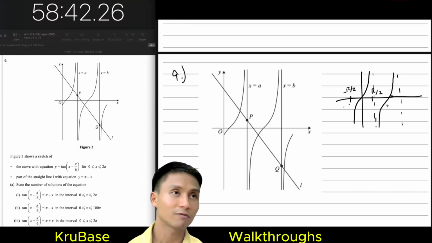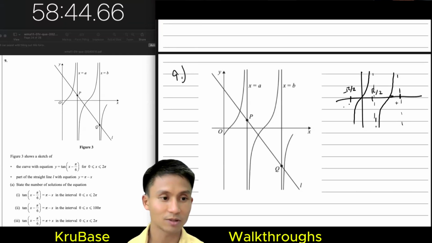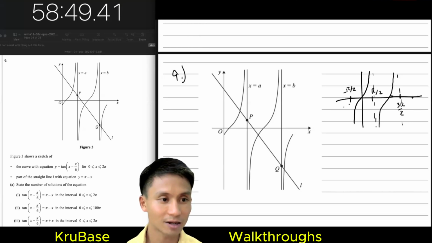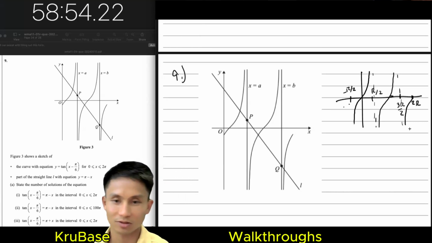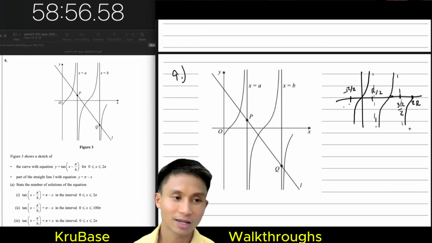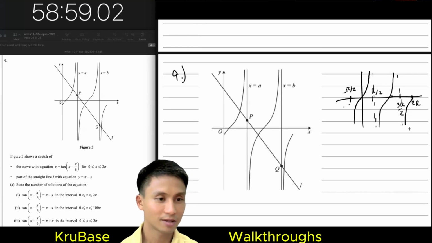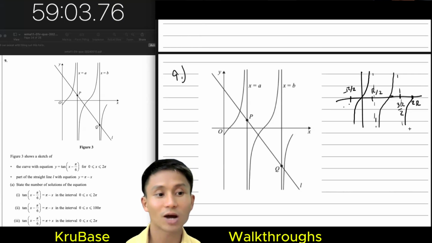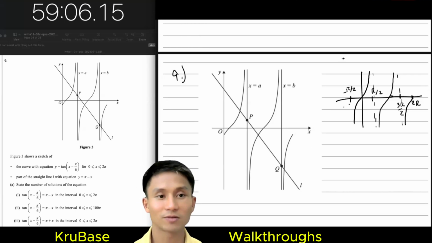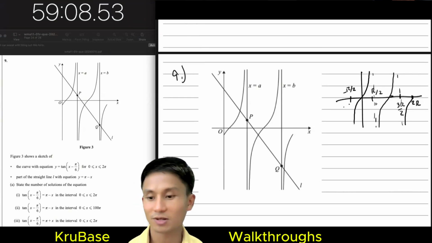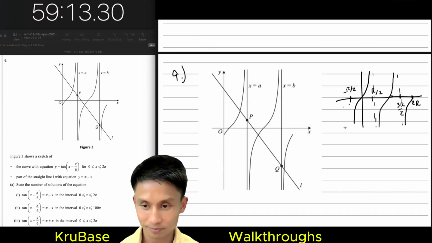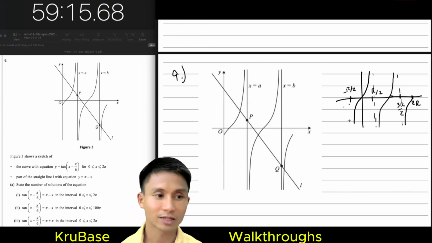And you're going to add pi from pi over 2, so this point is going to be 3 pi over 2. And then add 2 pi is going to be that, right? So it just got cut off at that point. Now, when you shift this whole thing, these x-intercepts will be moved to the right. Everything will be moved to the right. So pi over 2 will instead be added by pi over 6, and so on for 3 pi over 2 and 2 pi.